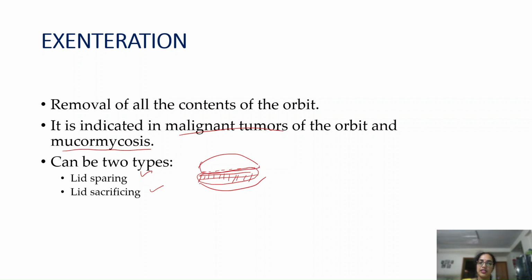So much of the lid is left behind in the upper and the lower lid so that we can close the defect easily. Lid sacrificing exenteration is usually reserved for conditions where you get a lot of involvement of the lids by tumors. So in such cases, we allow the exposed part of the orbit to granulate, or we can use some graft.